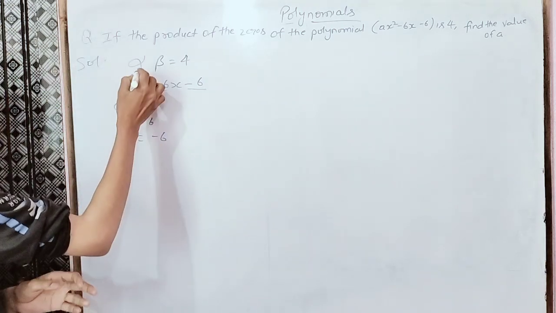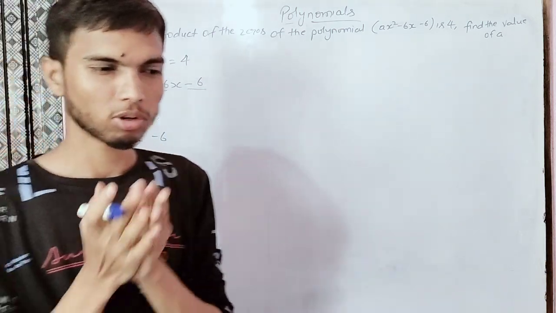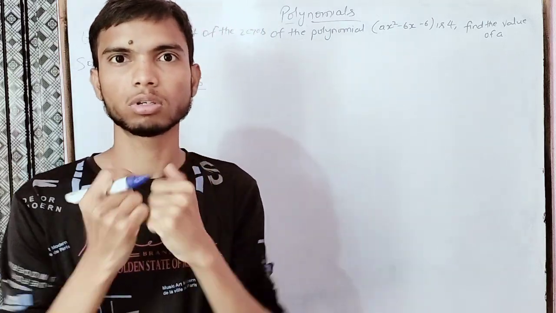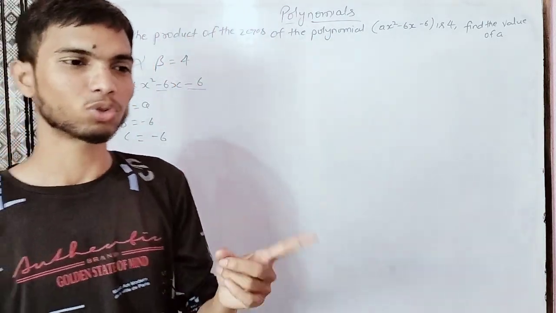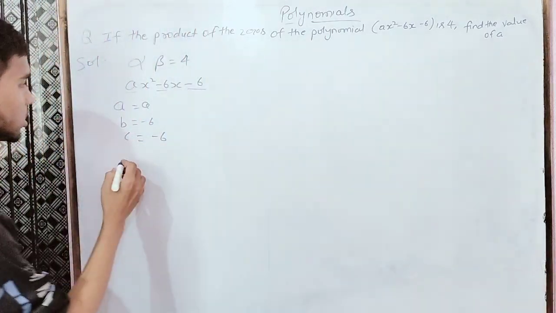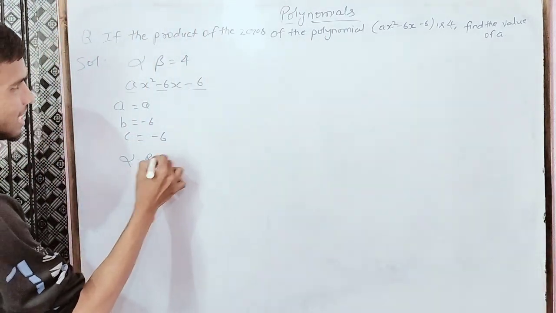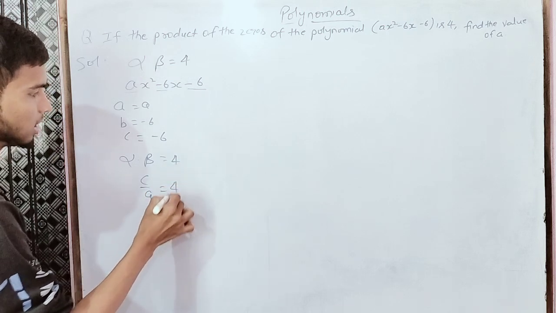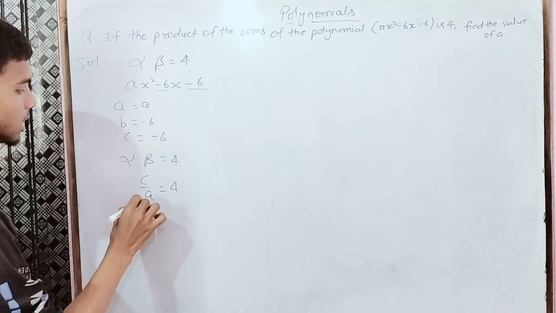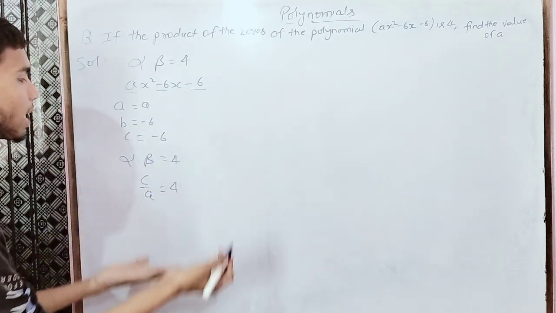Now, what is the formula for the product of two zeros? The product of the zeros? You would say C upon A. So C upon A, and 4 as given. So C is minus 6, A we don't know, and that is what we have to find.